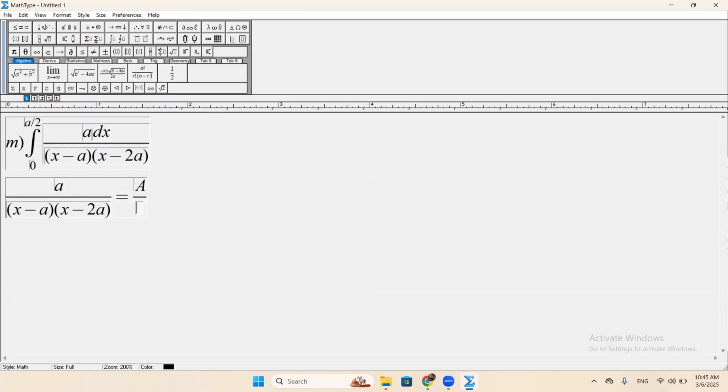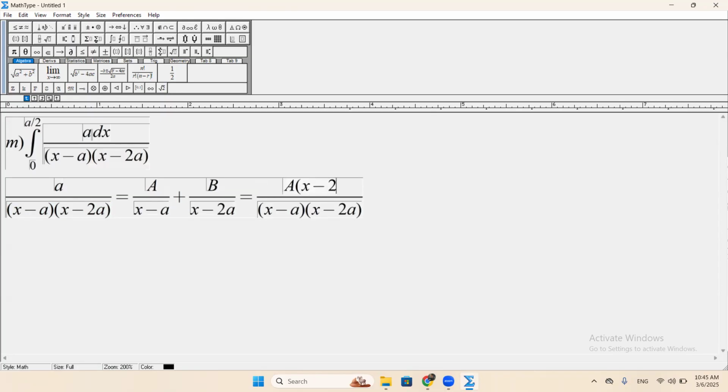So capital A over x minus a plus B over x minus 2a. So capital A multiplied by x minus 2a plus B multiplied by x minus a.